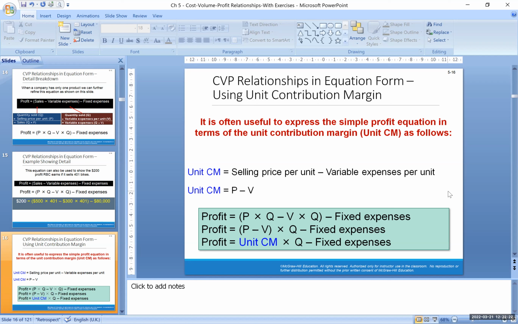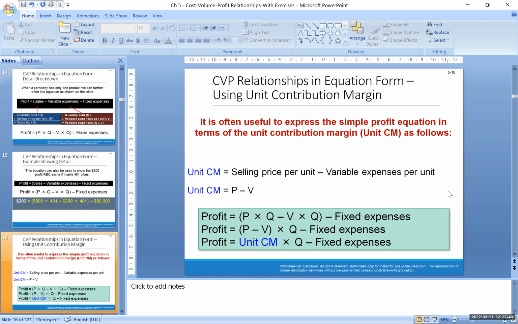So it is often useful to express the simple profit equation in terms of the unit contribution margin, which is called CM or unit CM, as follows. The unit CM is selling price per 1 unit minus the variable expenses per 1 unit. So we can refer to it by P minus V, okay?